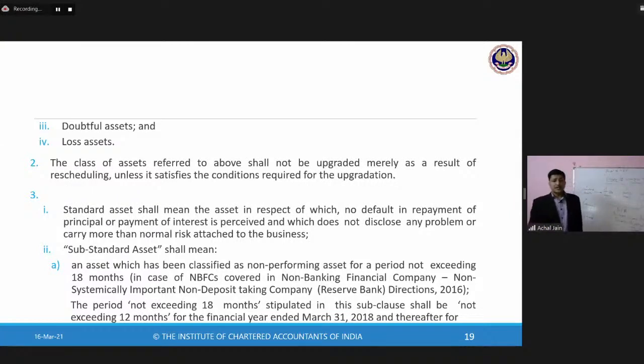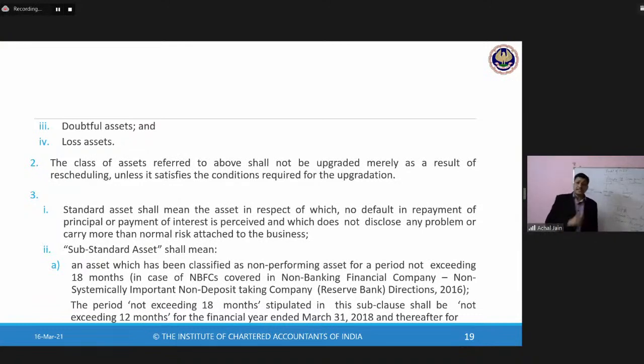What is the standard asset? It shall mean the asset in respect of which no default in repayment of principal or interest is perceived and which does not disclose any problem or carry more than normal risk attached to the business. So that means it's completely risk-free as of now.